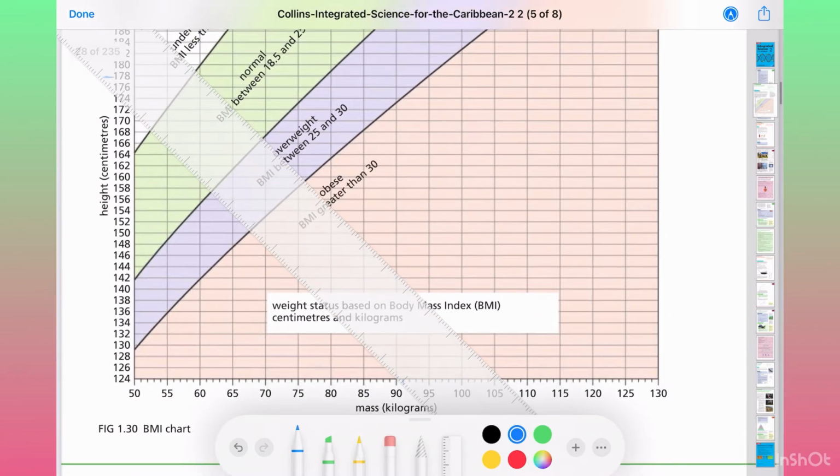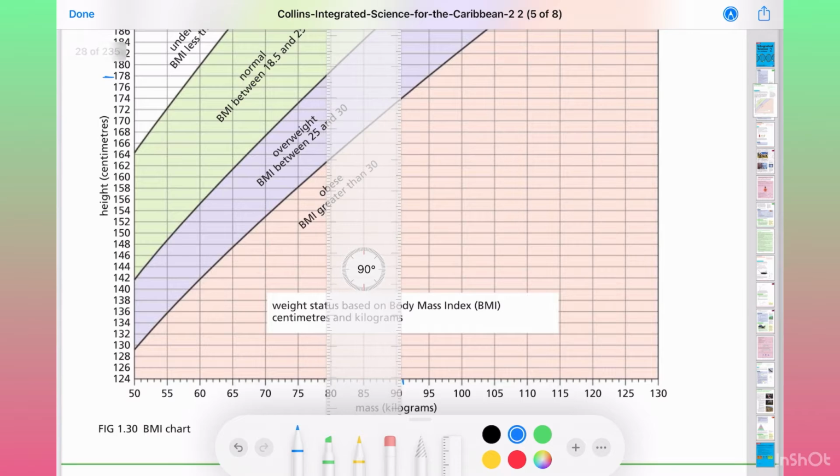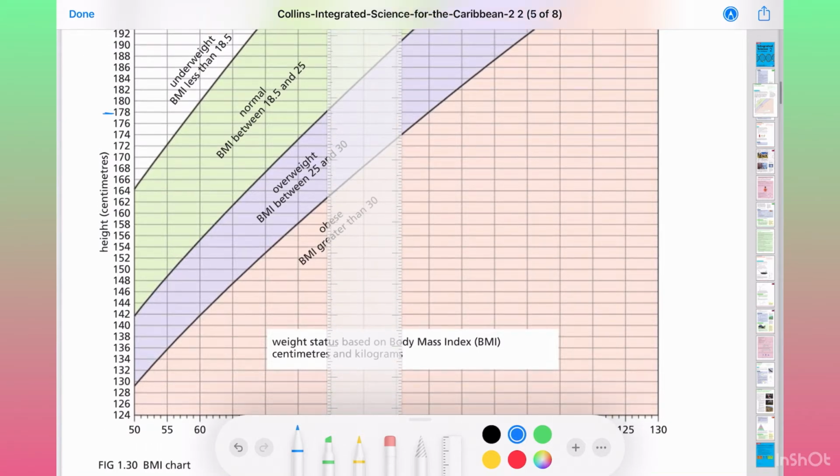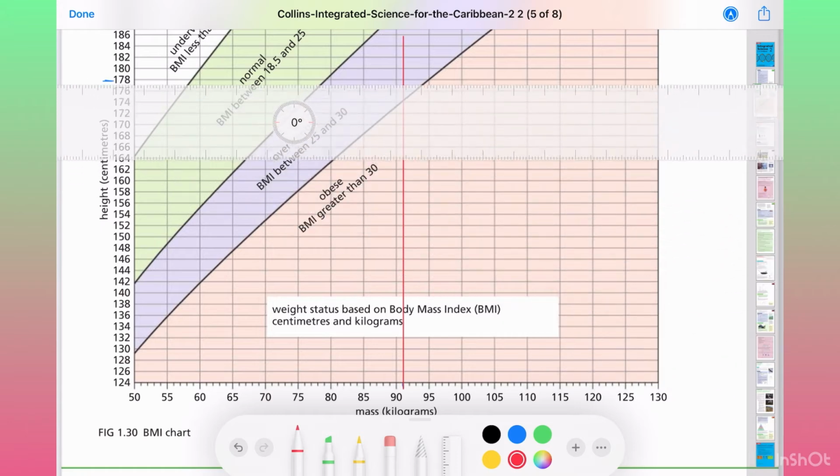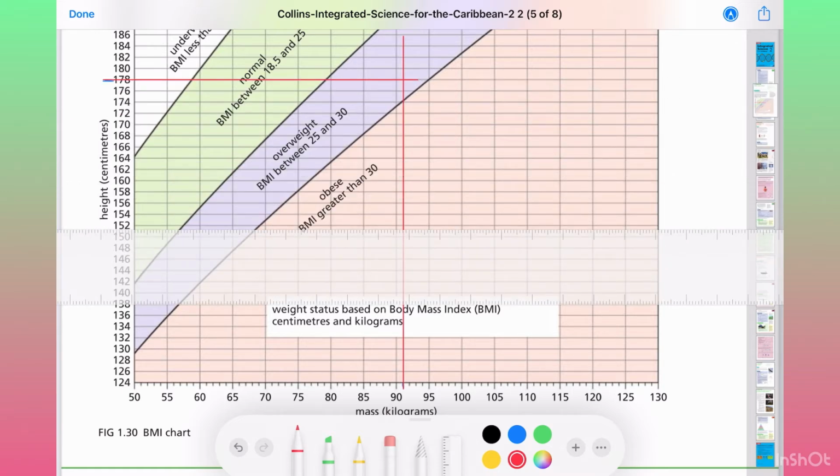So I'm going to line this up so that you can see it clearly. You're just going to be following my little red line, and where they intersect, that is where he would exist on the BMI chart. Right, so he is located at this position here on the chart, so that is Kelvin.